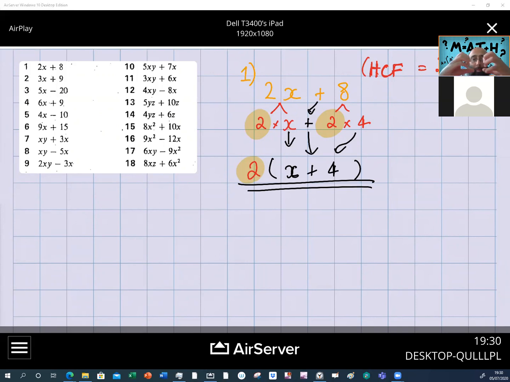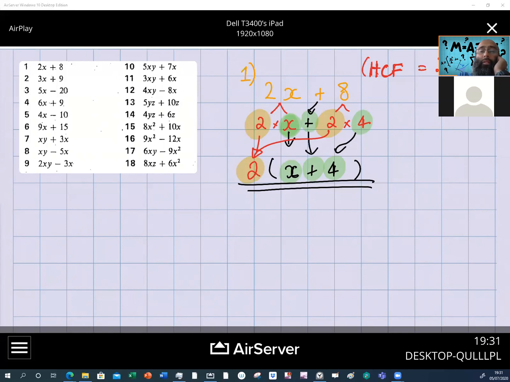So you've got to split the 8 up into 2 times 4. Once you've done that, you pull the 2 out to one side, and whatever you're left with, you just copy straight down. So the plus gets copied straight down, and the 4 copies straight down. The bits that are left over get copied into the brackets underneath. That's the first one done. Thank you for that, Abdullah.